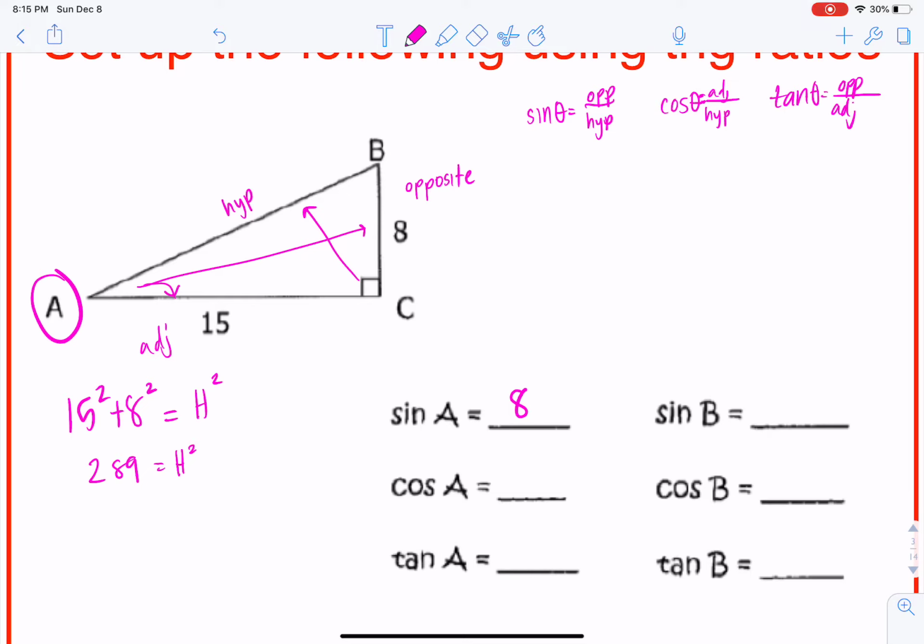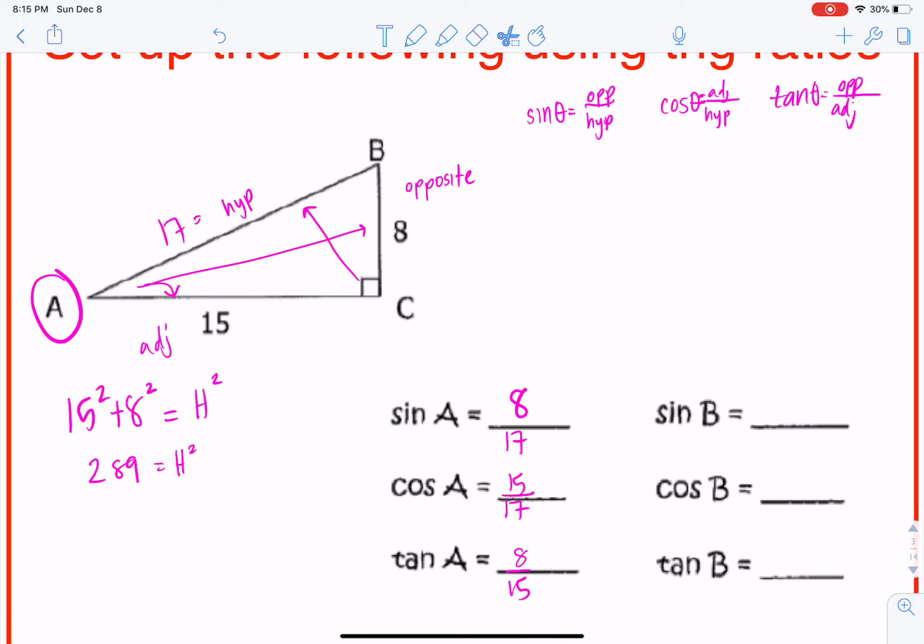And when I take the square root of 289, I will end up with 17. So 8 over 17 is the ratio of the side lengths when I take sine of that angle A. Cosine is the adjacent, so 15 over 17, and tangent is the opposite, which is 8, over the adjacent, which is 15.